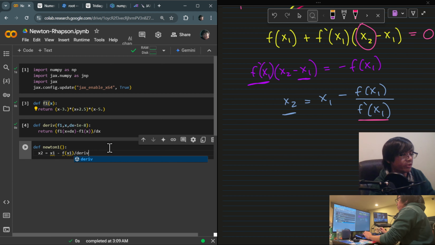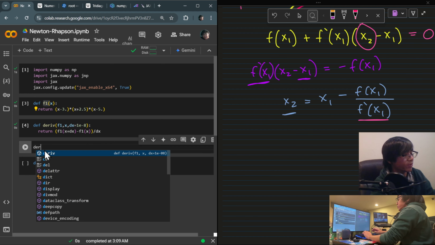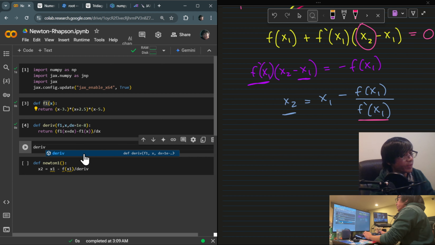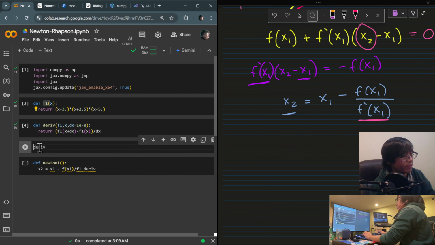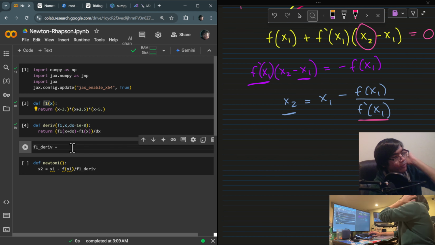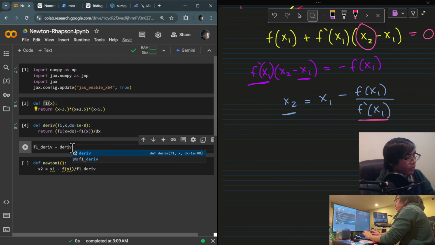Maybe we can just evaluate that outside the function. So derivative of x1, well, let me just write that. I think, can I just do f1 derivative maybe? So f1 derivative, so I'm hard coding this outside the actual root solver. So f1 derivative would be the derivative of our function f1 given a guess at x.